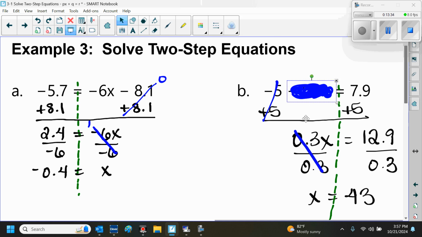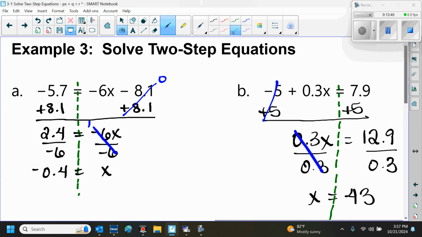In order to get rid of the negative 5, we're going to add 5 on both sides, right? So those 5s cancel to 0, and then we end up with 0.3 times x is equal to 12.9.